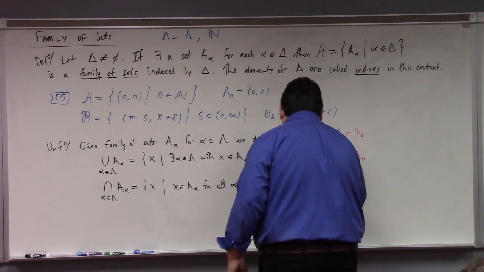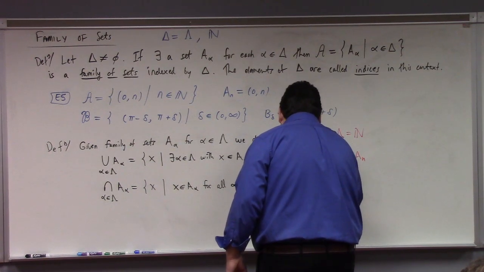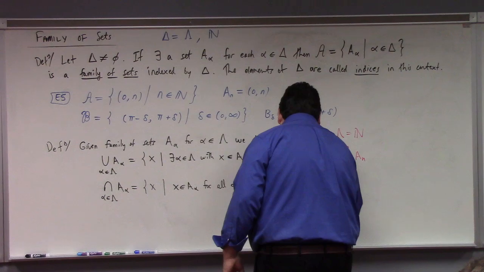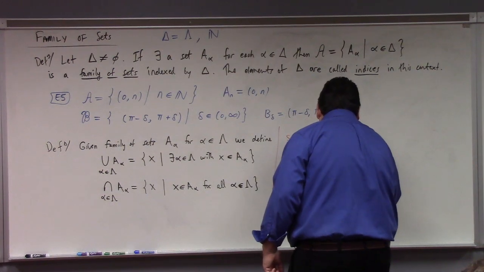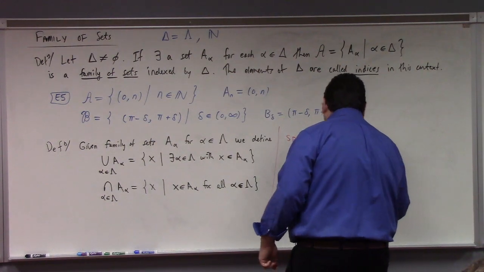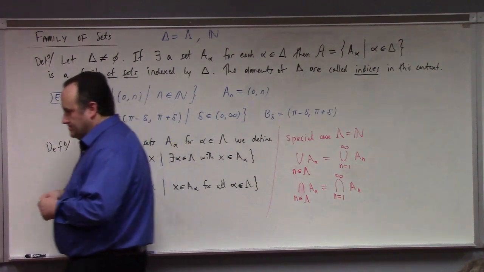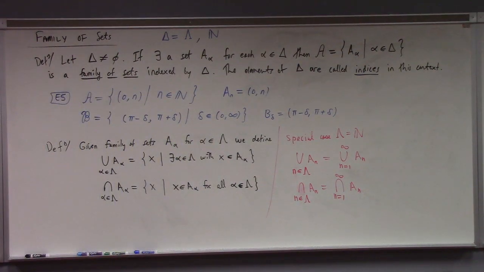And the intersection over n in this choice of lambda, we just write as the intersection n equals 1 to infinity of A sub n. A lot of the interesting problems come from the case that our family is indexed by the natural numbers.